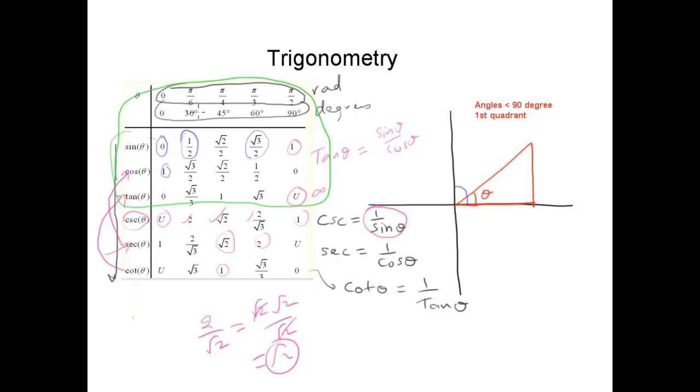So you got to memorize or understand the values of the trigonometric functions for these angles: 0 degrees, 30 degrees, 45 degrees, 60, 90. These are the most common or frequent angles that we use in trigonometry, right? Once again, sine 0 is 0, sine 30 is half, sine 45 is 1 over root 2 or root 2 over 2, sine 60 is root 3 over 2, sine 90 is 1.